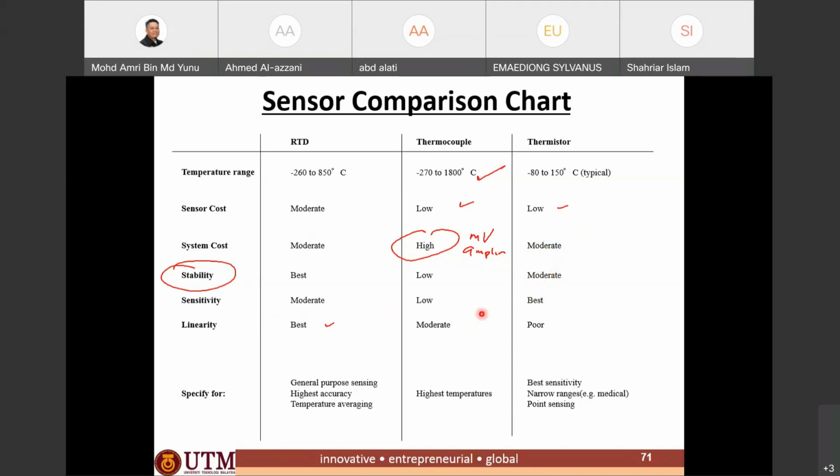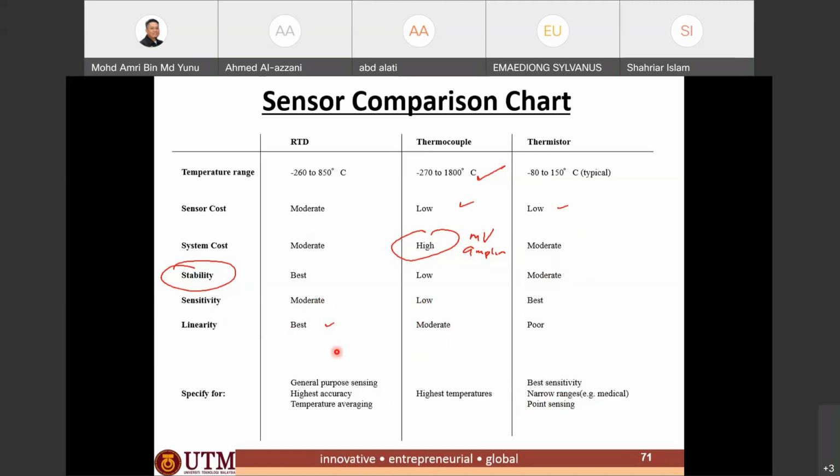Sensitivity: thermistor is the highest, because they are good for a narrow range, as specified below. Sensitivity for thermocouple is low and RTD is moderate. Linearity: RTD, through the linear approximation, is the best.